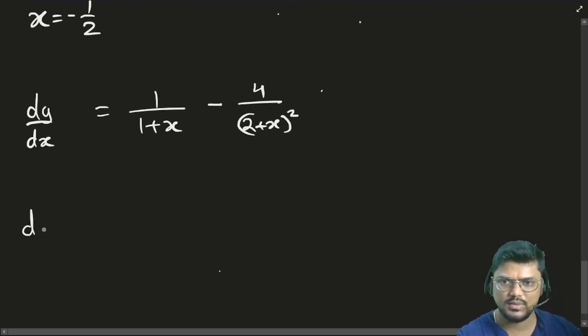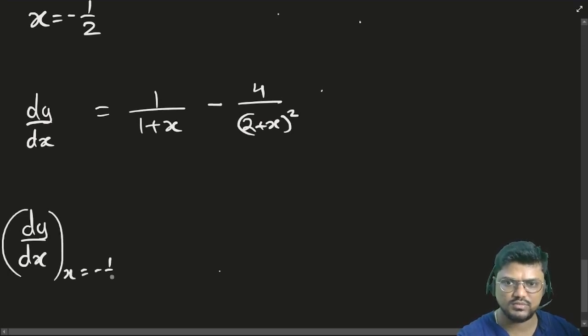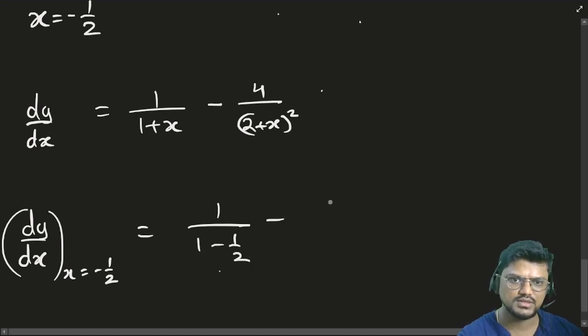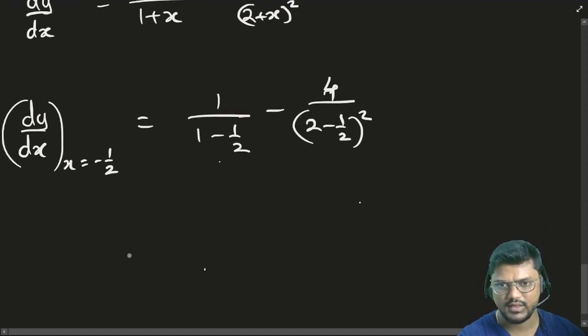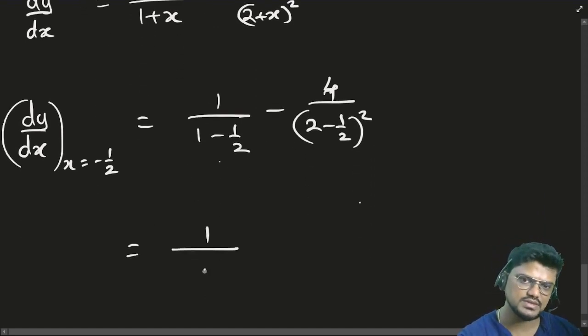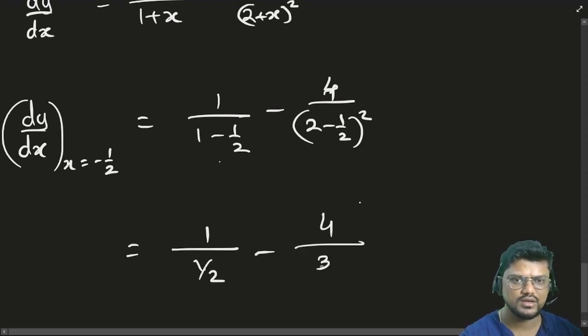So dy by dx at x equals minus 1 by 2 is equal to 1 upon 1 minus 1 by 2 minus 4 upon (2 minus 1 by 2) whole square. So this gives you 1 upon 1 minus half, which is half only, minus 4 upon 2 minus half, which will be 3 by 2 whole square.